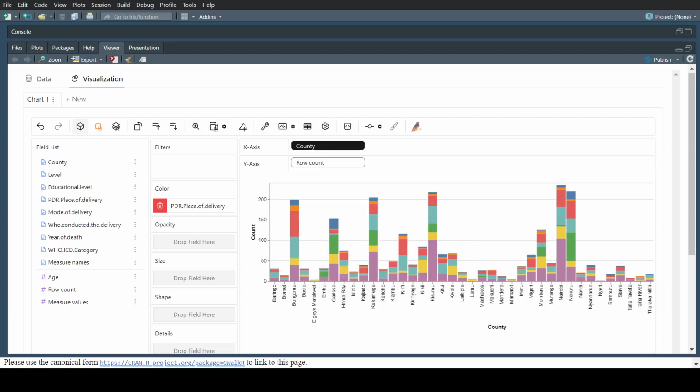Again, you see that in most of these counties with high numbers of deaths, most of them occurred in level 3, level 4, level 5, and level 6. Very few occurred at level 2 and below. Level 3 is the health centers, level 4 is the county hospitals, level 5 is the county referral hospital, and level 6 is the national referral hospital.